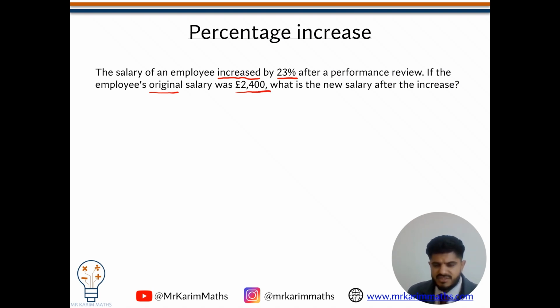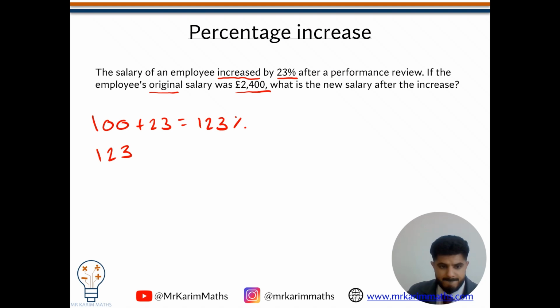So if it's a 23% increase, now the more you do this, you'll be able to get the multiplier straight away. But just for the purpose of explaining, we start with 100. And because it's an increase, we're adding 23, which gives us 123%. Divide by 100 to get our multiplier. So it's 1.23. Now you've done the hard work. The next bit is the calculation.